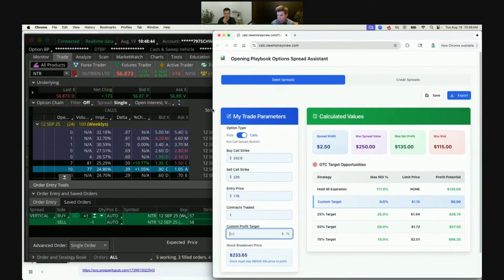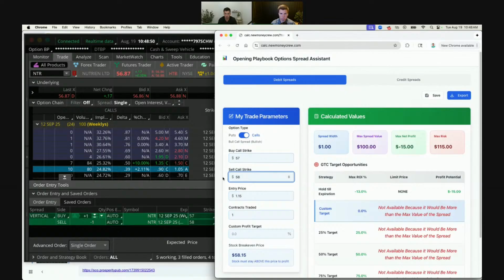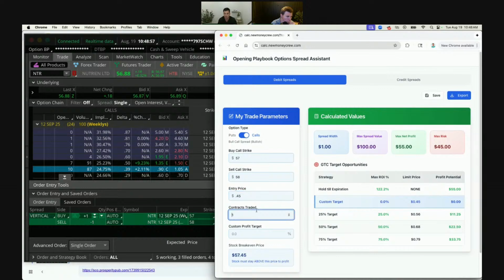So we are trading NTR. We're buying the 57 call, selling the 58 call, looking at entry price of 0.45. Again, it tells us if we hold it until expiration, we can make 122% return on investment.